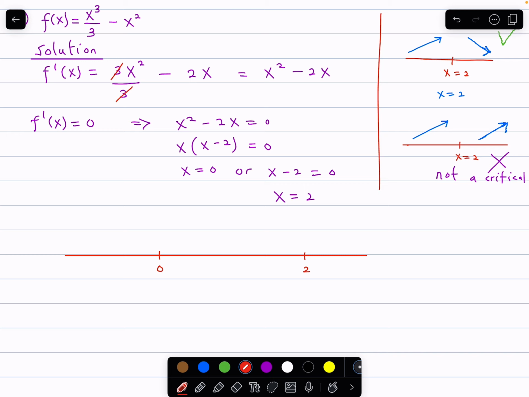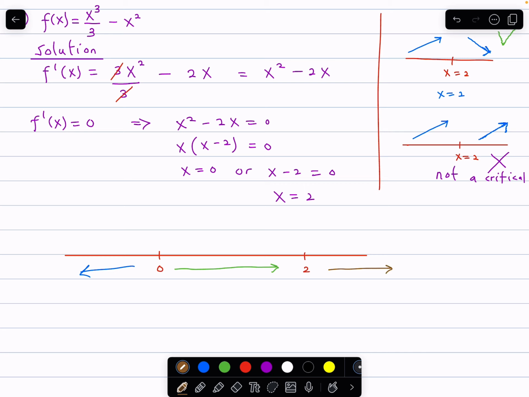These two numbers divide the number line into three parts: the part to the left of 0, the part to the right of 0, which is the left of 2, and the part to the right of 2. So three parts.